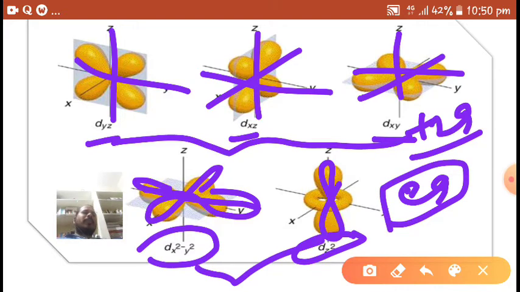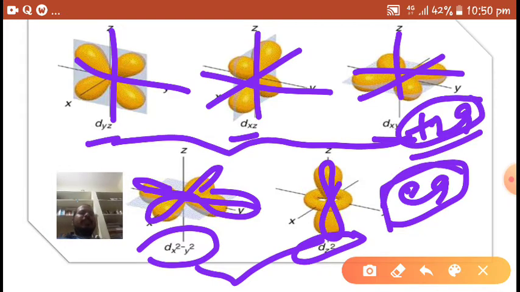So depending on their position, d orbitals are again of 2 types, T2g and Eg. What are the T2g orbitals? dxy, dyz and dzx. What are the Eg orbitals? dx square minus y square and dz square.